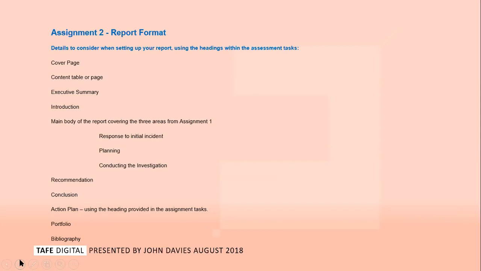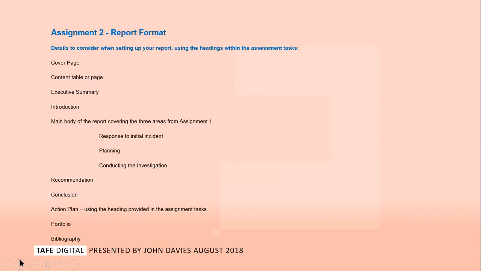The main body of the report includes 3 key headings from Assessment 1: respond to the incident; planning, conducting the investigation, details and outcomes of root cause analysis; and recommendations to include corrective actions, interventions, and practical measures to prevent reoccurrence of the incident or injury and to address the root causes.